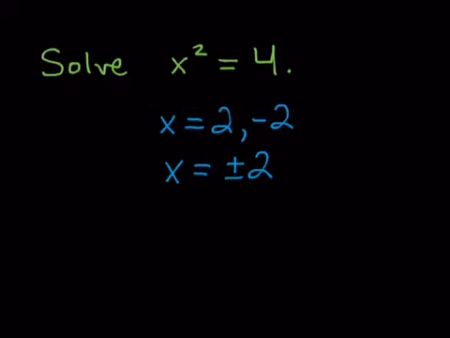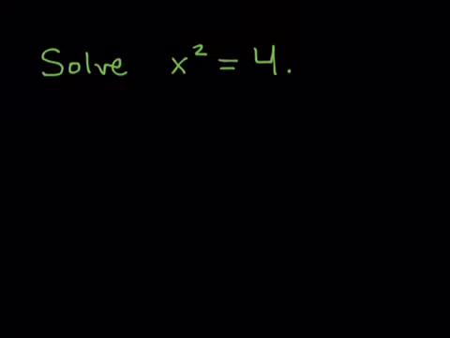There's also an explanation for these solutions based on the connection to parabolas. If I were to rewrite this equation in standard form, I would subtract 4 from both sides, and we'd have the equation x squared minus 4 equals 0.